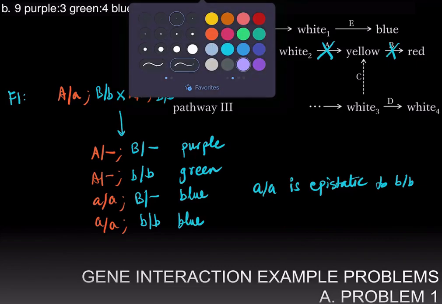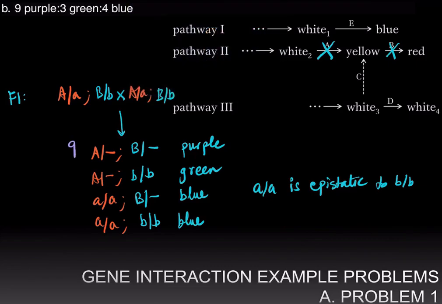And we have our modified ratios 9:3:3:1. But since the last two phenotypic classes have blue color, we achieve a modified ratio of 9:3:4, which is what we were given. It's a situation with recessive epistasis.